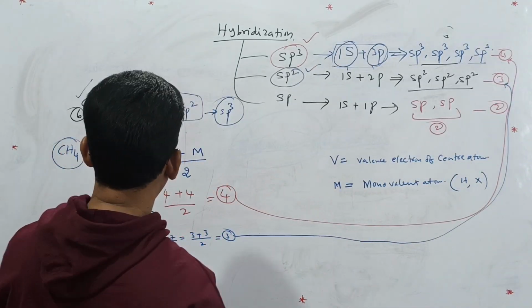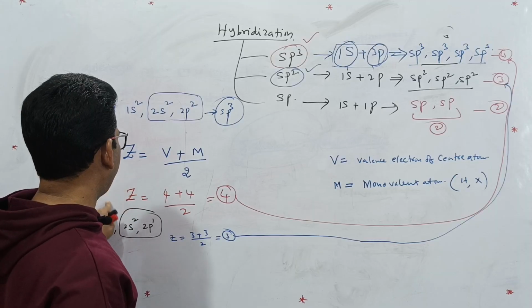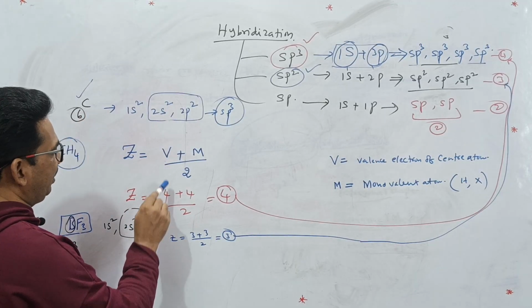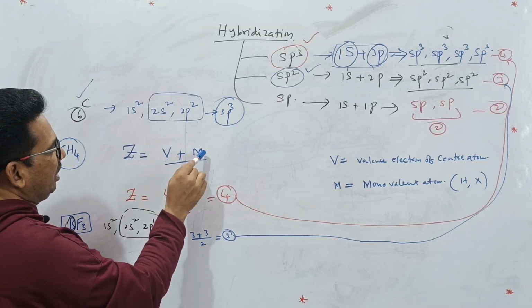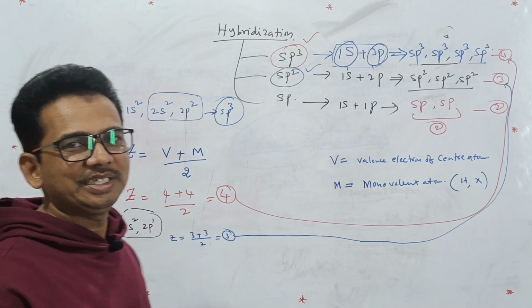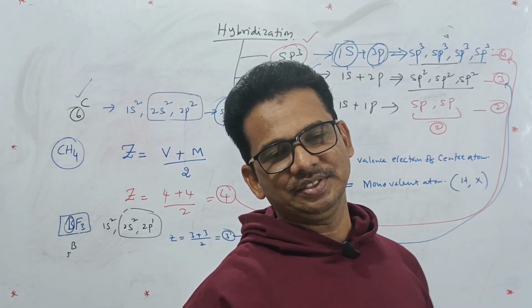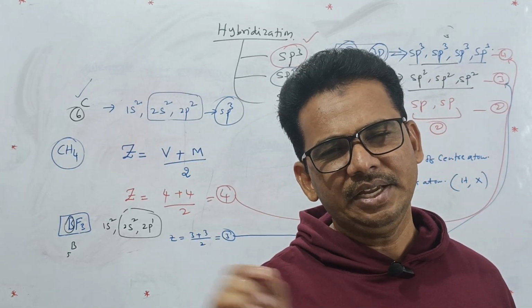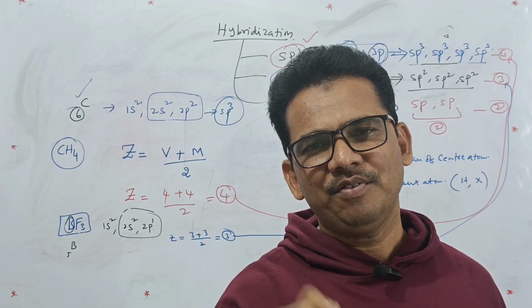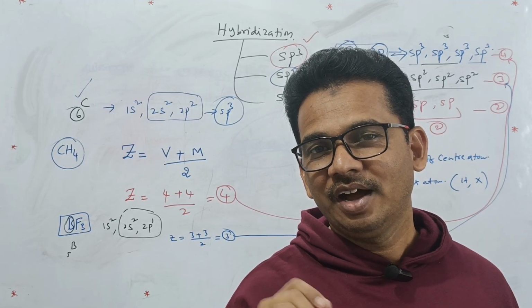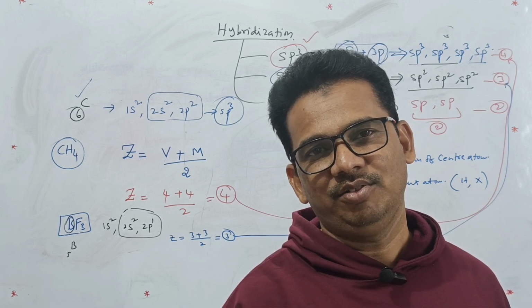Z is equal to how many equivalent orbitals are going to be produced? That is based upon the valence electron and monovalent atoms. It means in competitive examinations, if they ask about any molecule, you can easily find out what type of hybridization they have.